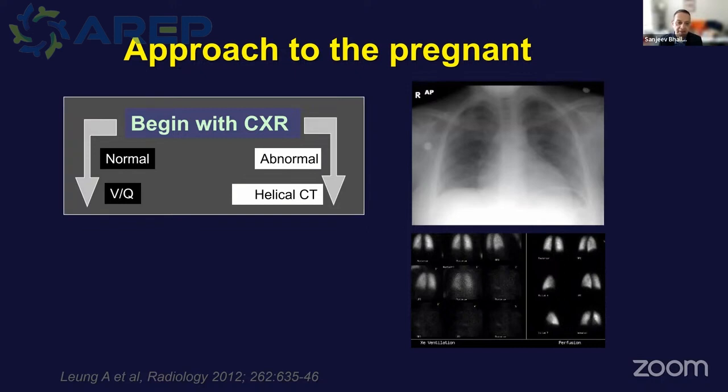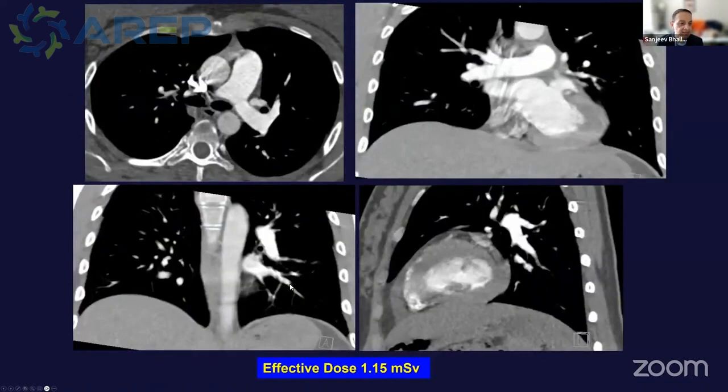It is about 5% lower radiation to the mother and 20% lower radiation to the breasts. And so the thought has always been to do a chest radiograph first. If the chest radiograph is clear, then to go to VQ scan. But the reality is, for most of us in many centers, the VQ scan is not readily available, or it's not something that's routinely offered.